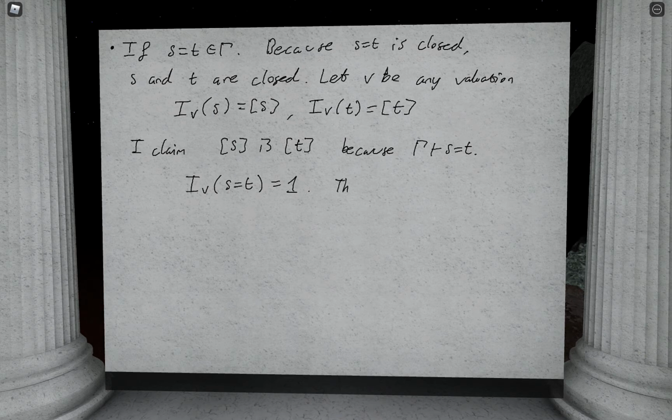So therefore, s equals t is true in this interpretation because it works for any valuation. So that's the second base case done, and now we can move on to a more complex case.